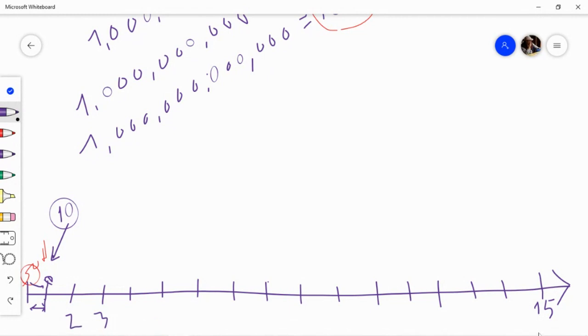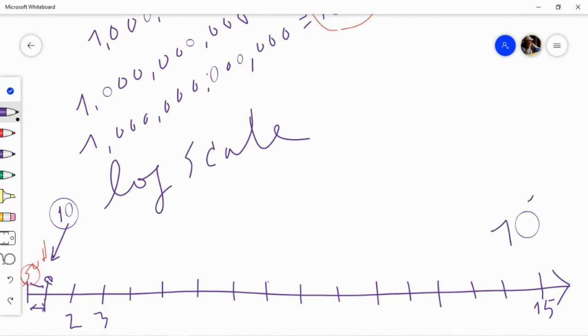But in logarithmic scale, 15 means 10 to the 15th power. If this is 10, so this is 100 times, this is 1,000 times. 3 is not 3 times, it's 1,000 times. 4, 5, 6. 6 is million times.